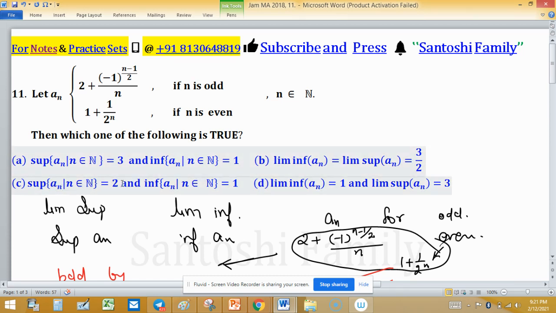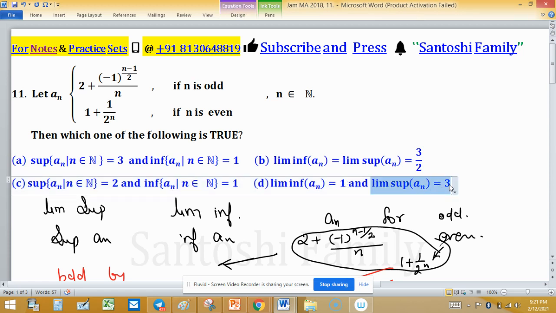Supremum of a_n is 2 and infimum of a_n is 1: because option A is true, option C will be discarded here because each one contradicts the other. Option D, limit inferior of a_n is 1. This one is true, but limit superior of a_n is 2 as you have seen. So only option A is true in this case.